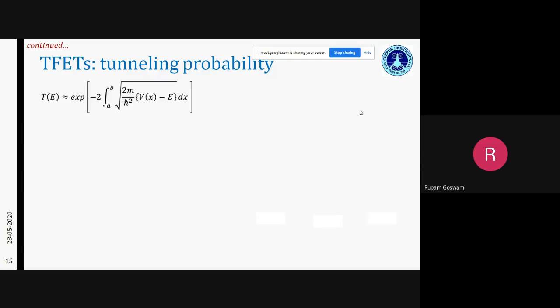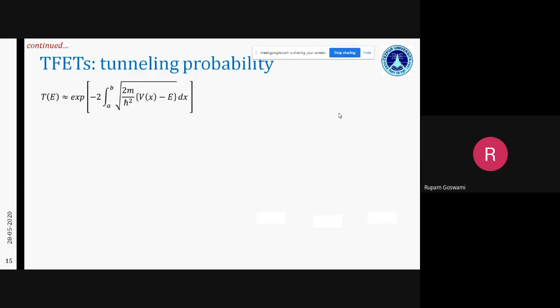Okay, so this expression which you see on the screen is a very popular expression derived by WKB. It is known as the WKB approximation for tunneling probability, and it has been used for TFETs considering the fact that you can have a triangular barrier.